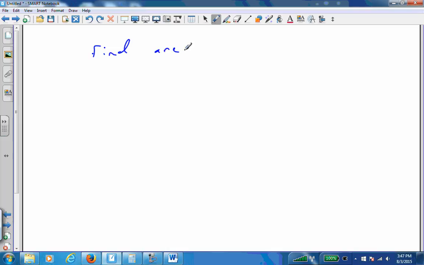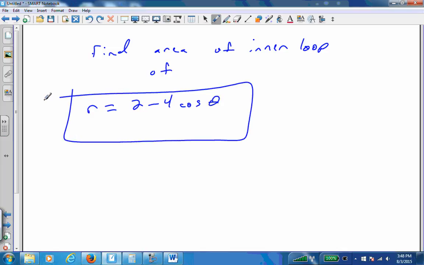Let's find the area of the inner loop of r equals 2 minus 4 cosine theta. So we need to graph that.